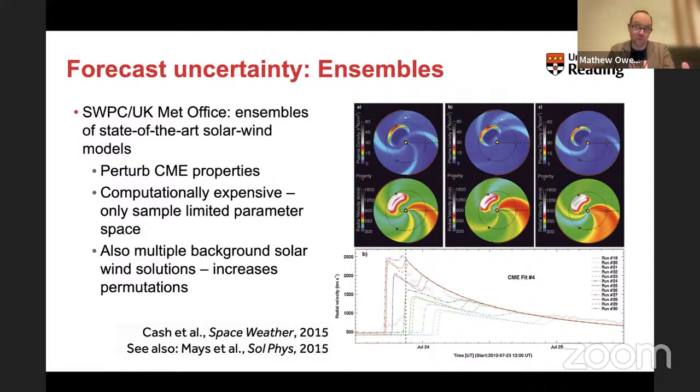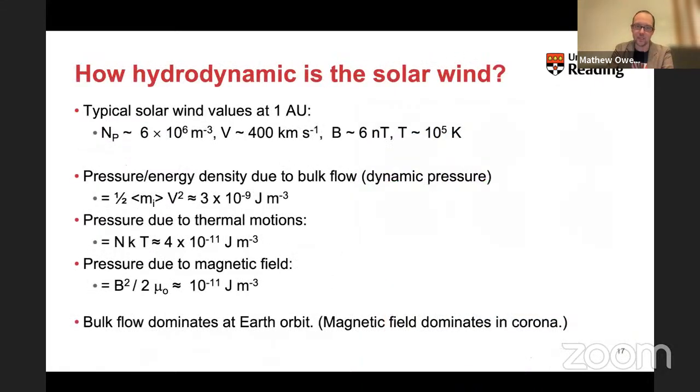You can throw more resource at the problem and you can go from 24 ensemble members to maybe 100, but that's not really enough. If you want to fully explore parameter space, you need a slightly different approach, and that's the angle we're coming at. And just to persuade you, I'm about to show you a model for the solar wind that makes some really gross approximations.